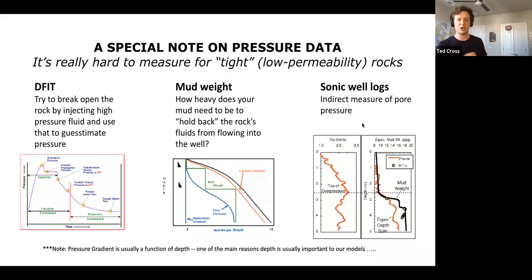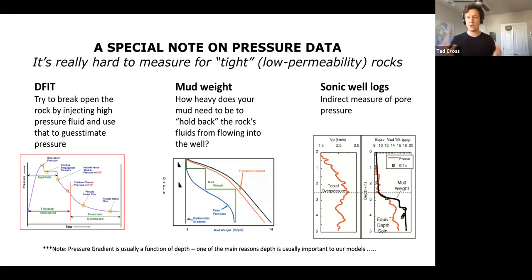So a third measurement of the pressure is sonic well logs. And these are literally how fast sonic waves travel through the rock. So on the tool that they drop down the hole, there will be essentially a sound source. And then, 10 meters above it, there will be a microphone, and they'll attach both of those to the rock. They'll shoot a sound source and measure how long it takes for that to get up to the microphone.